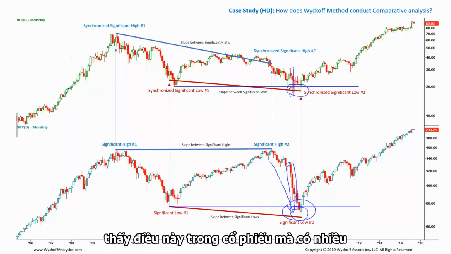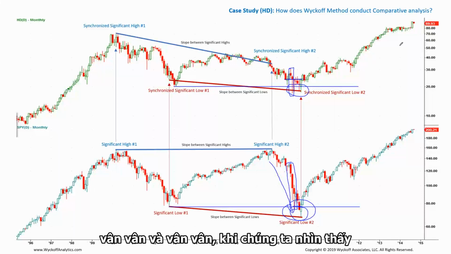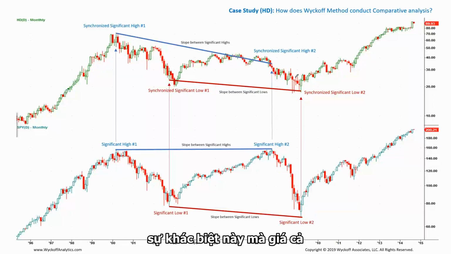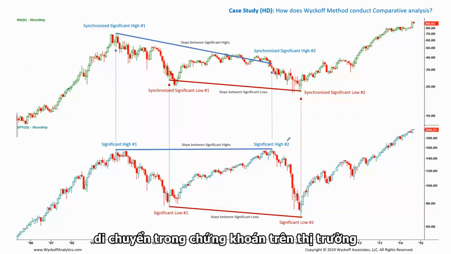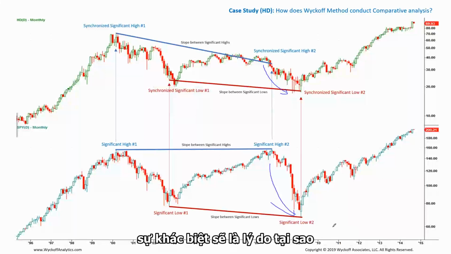We don't see this in the stock that much. There is a very quick recovery back into the close, and so on and so forth. So when we see this discrepancy with which the price moves in the stock and the market, then we start thinking of the reasons why this discrepancy would be.